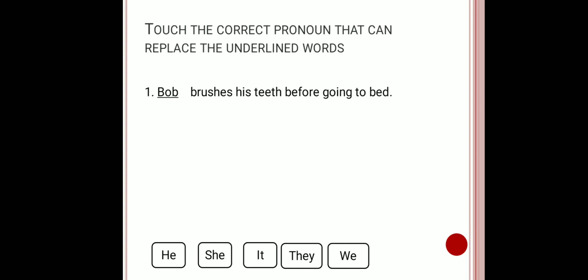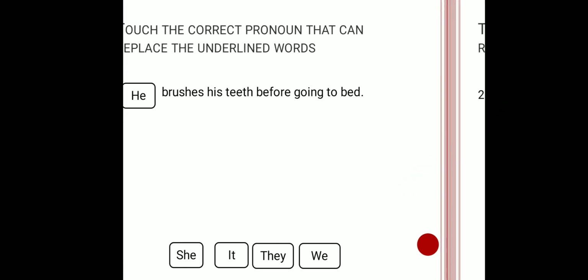So what should I say? He, she, it, they, we? As it's a boy and I want to refer to a boy, right? I'm going to use he, right? Excellent. So he brushes his teeth before going to bed.